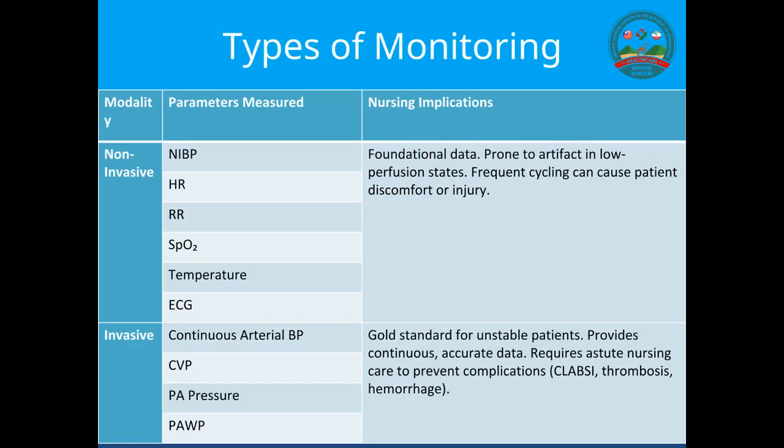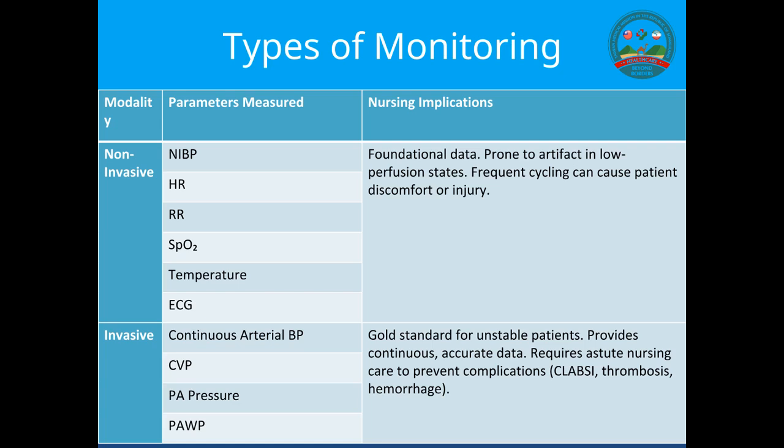We generally divide hemodynamic monitoring into non-invasive and invasive methods. Non-invasive monitoring includes NIBP, heart rate, respiratory rate, SpO2, temperature, and ECG. These give us essential baseline information, but they can be inaccurate in low perfusion states, and repeated cuff cycling may cause discomfort or even skin injury.